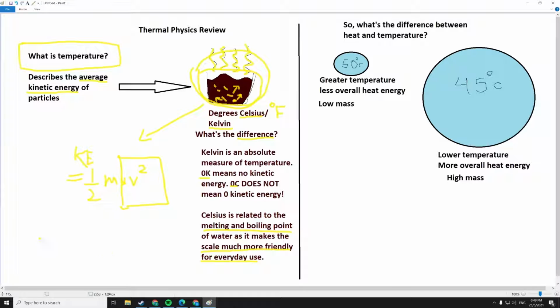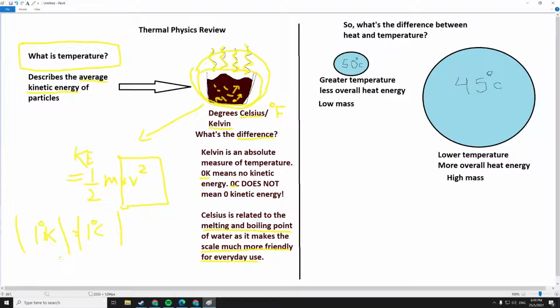Now, the thing to remember is that a change of 1 Kelvin is equal to a change of 1 degree Celsius. And what I mean by that is that they scale the same.